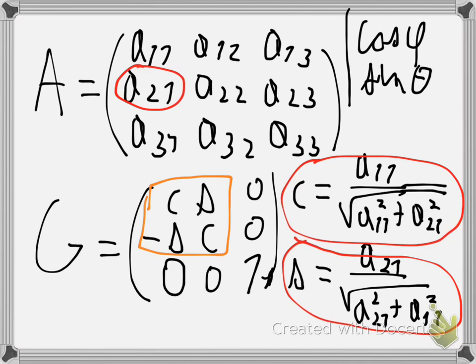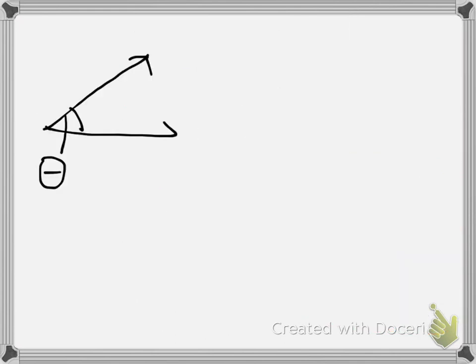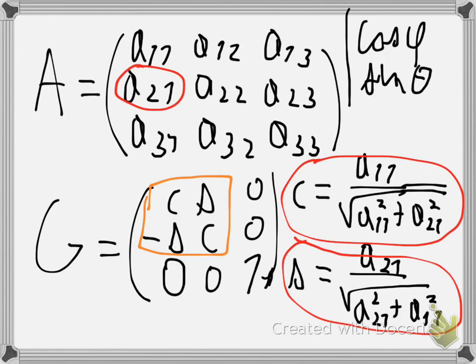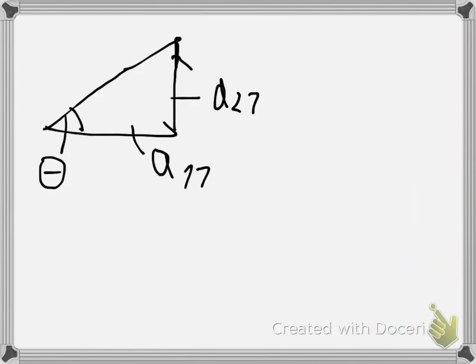So in our case, A21 will be the opposite. And basically, how can you do that? To do the rotation, remember, you only consider two dimensions, and these two dimensions can form a triangle, and so you can use that.